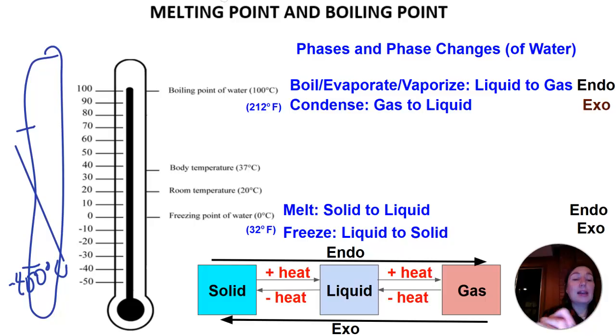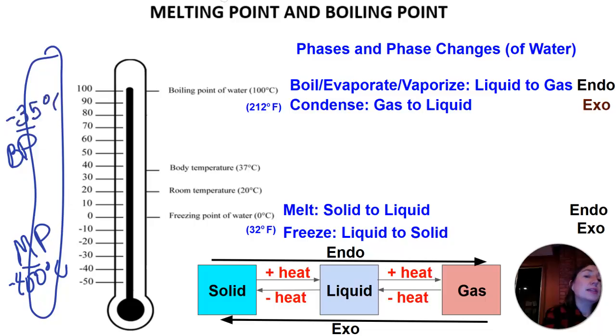And then let's say it has a boiling point of, okay, so this is going to be its melting point. Let's say it has a boiling point of negative, I don't know, -35 degrees Celsius.